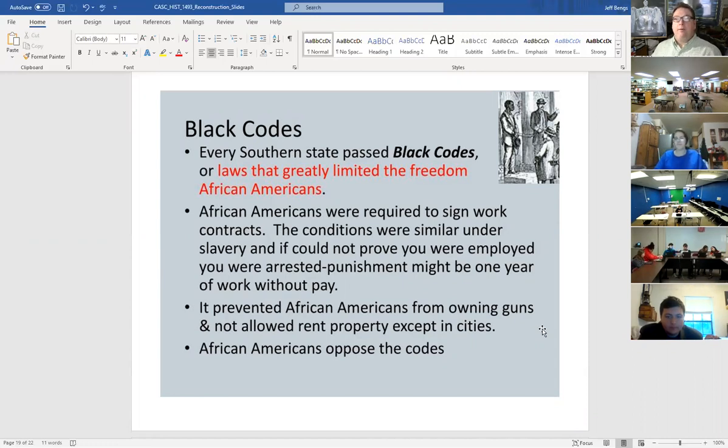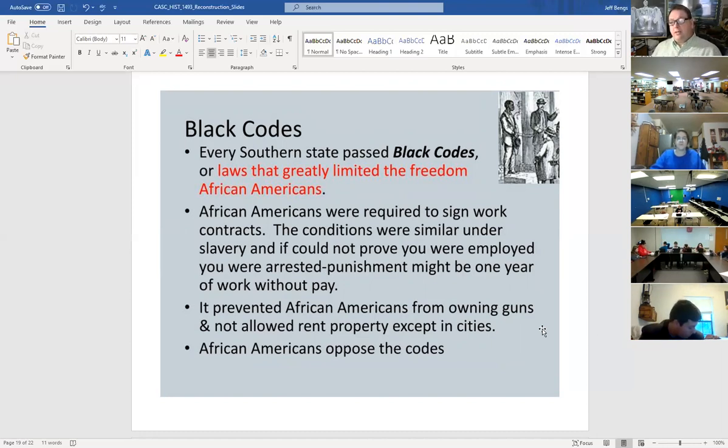The South resisted the North's attempts to introduce the freed slaves into Southern society. They didn't want the African Americans to be able to vote, to be able to own land, or to even be elected.